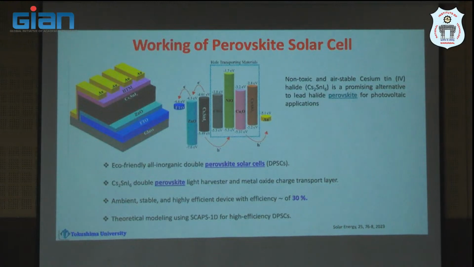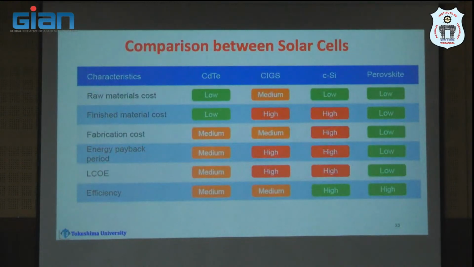These are the advantages of perovskite material as compared to other materials used for solar cells like CdTe, CIGS or silicon.